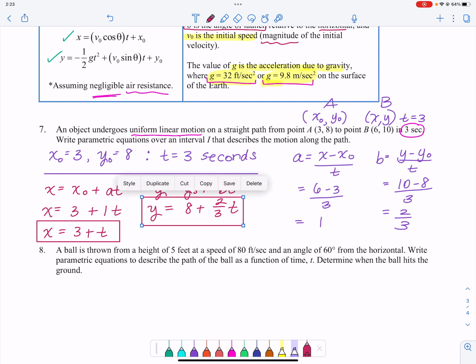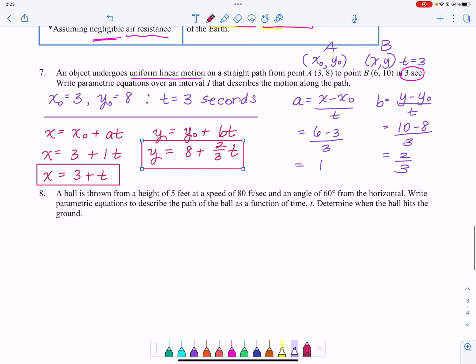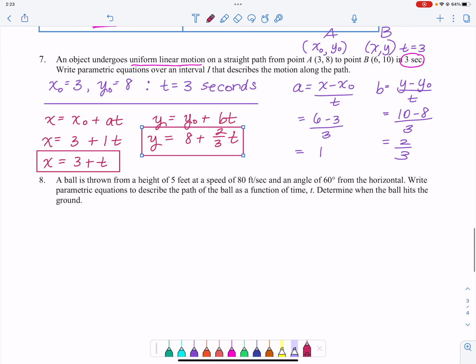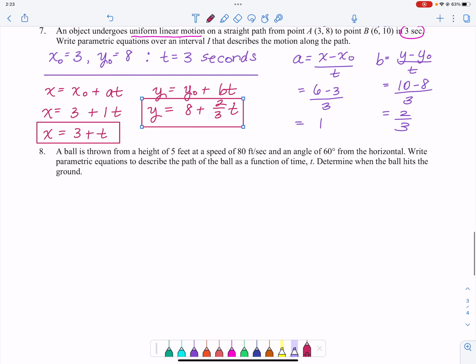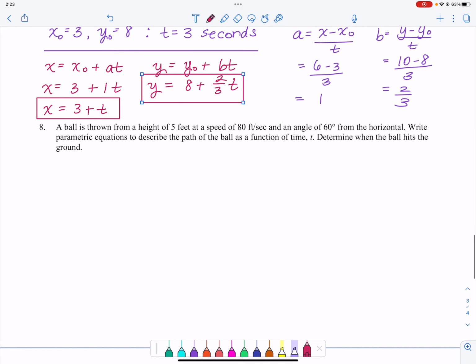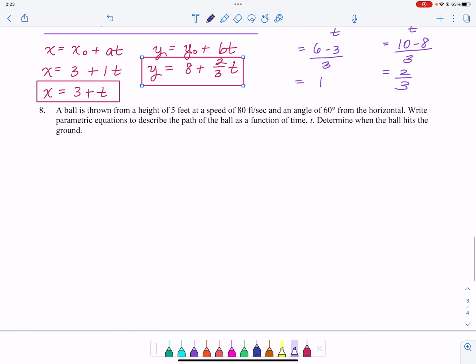Let's look at our last problem in this section, and it's another application problem. A ball is thrown from a height of 5 feet. Well, almost immediately I am drawn to wanting to make a quick sketch.